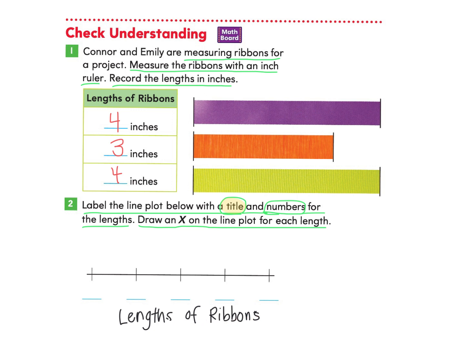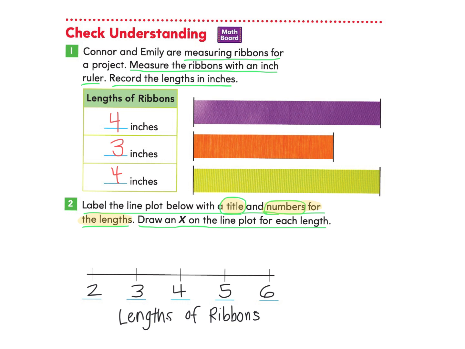Now I'm going to do the next instruction and write numbers for the lengths. So remember last time I looked at the numbers on my chart. I'm seeing there's 3 and 2 4s. So I'm going to start with the number 2 here, 3, 4, 5, and 6. I'm going up by 1, starting with 2 and ending with 6.